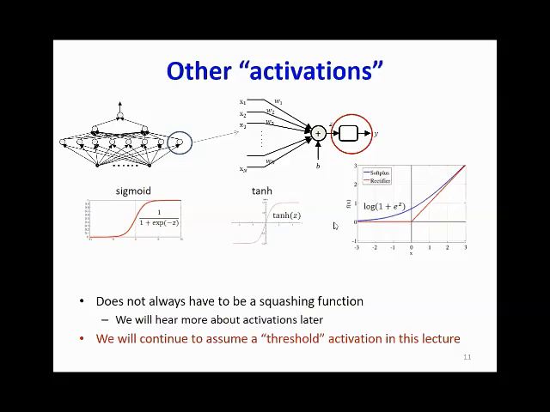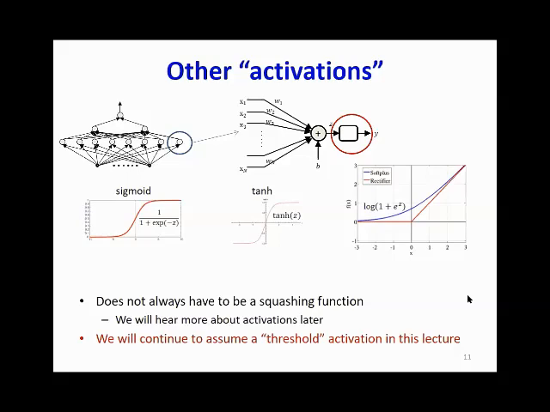For example, you can have the rectification function, which simply truncates negative values. Or you can have the smooth version of the rectification function, which is the softplus shown by the blue line. But for now, we're going to continue to assume the threshold activation, as it's easier to develop intuitions with threshold activations.